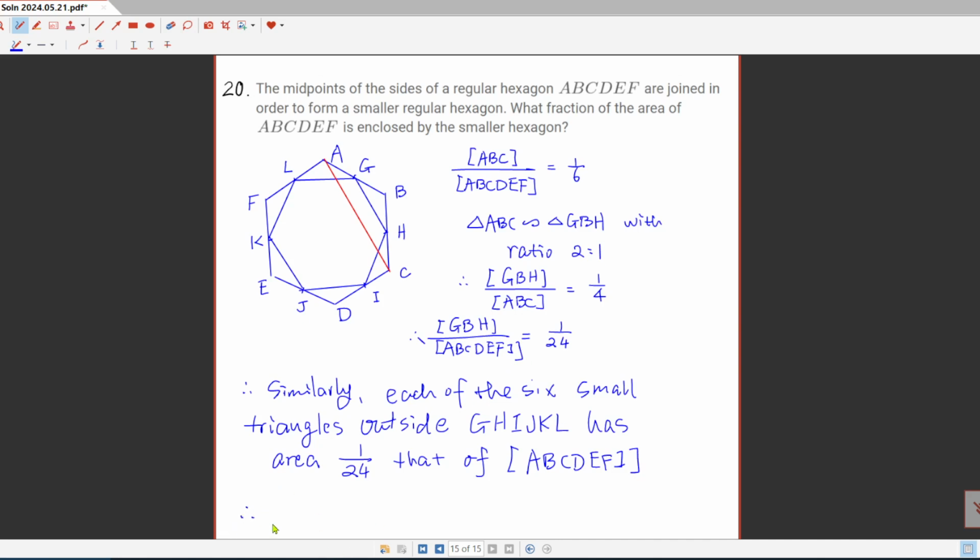And therefore we know the desired ratio is 1 minus 6 times 1/24, which is 3/4, right?